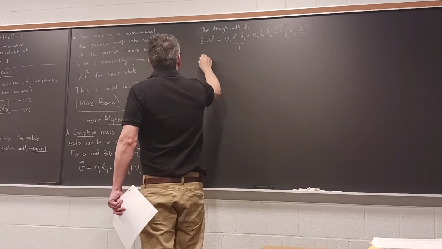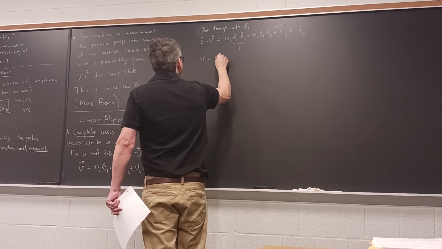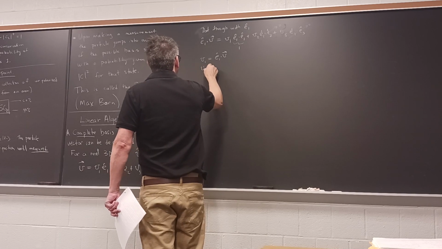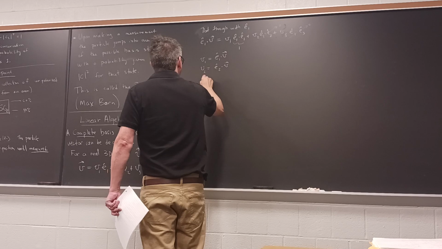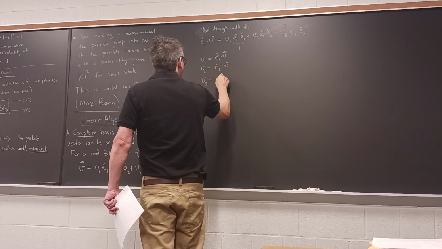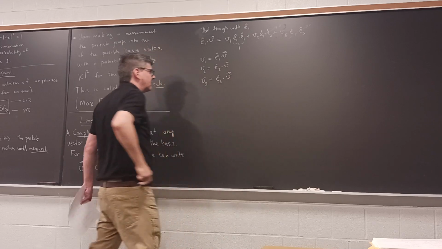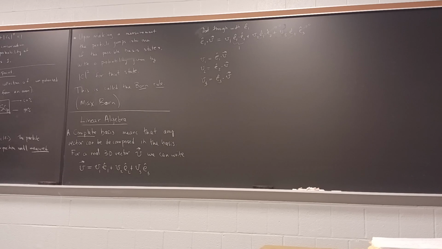So we can write that V1 is equal to E1 hat dotted with V. We can also write that V2 is E2 hat dotted with V, and V3 is E3 hat dotted with V.